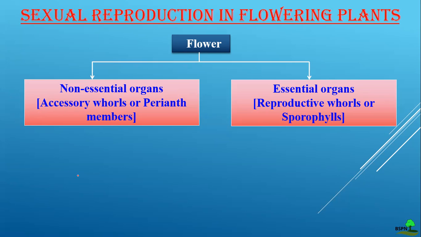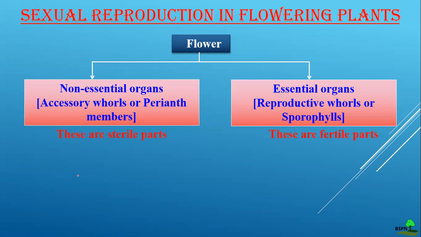Non-essential organs do not take part in reproduction. They do not produce male and female gametes. So they are sterile. Essential organs take part in reproduction. They produce the gametes. So they are fertile.